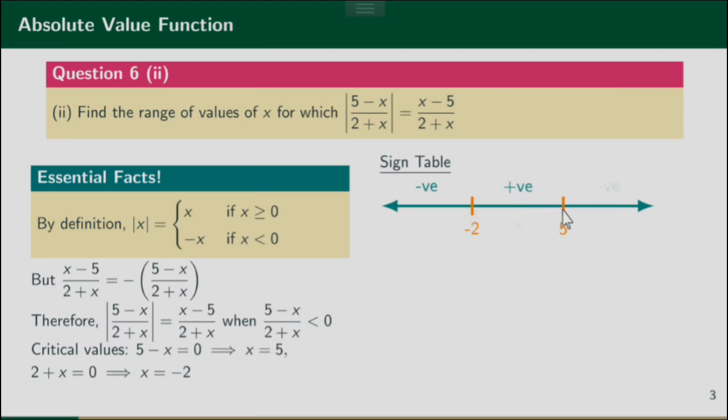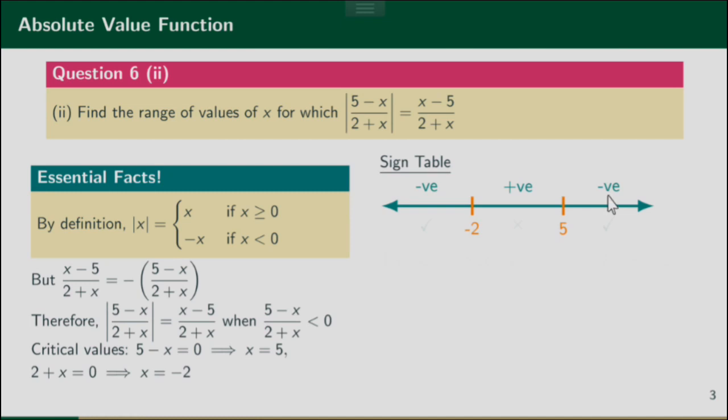So any number I take between negative 2 and 5, I will be having a positive number. Now the last region, think of a value greater than 5. Let me think of 6. 5 minus 6 is negative 1, and 2 plus 6 is positive 8. Negative 1 divided by positive 8 gives me a negative value.